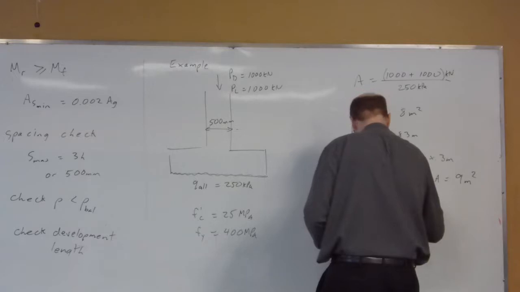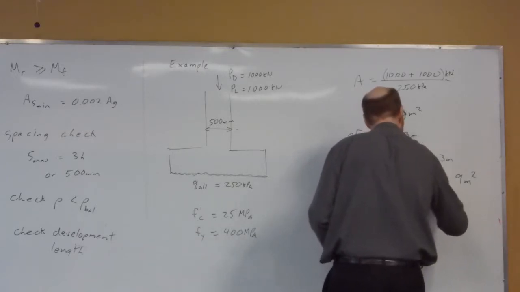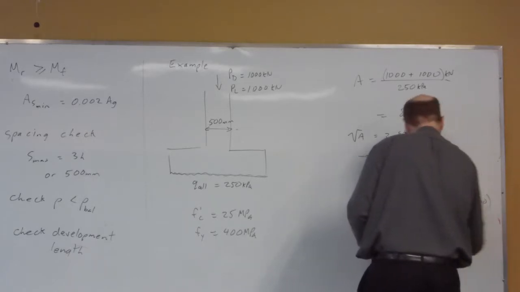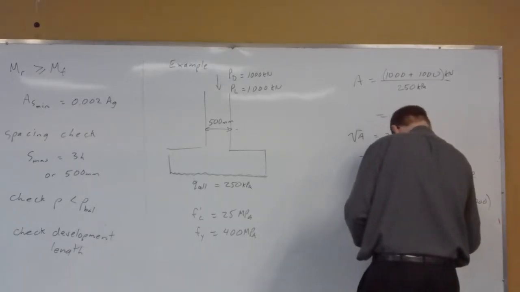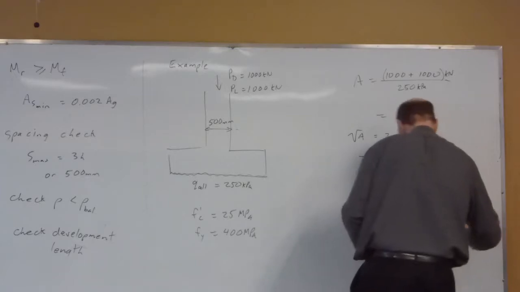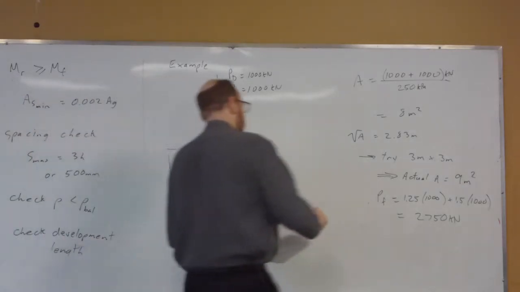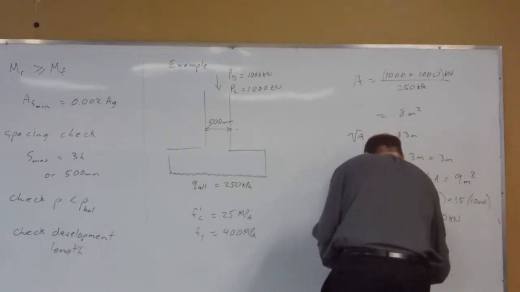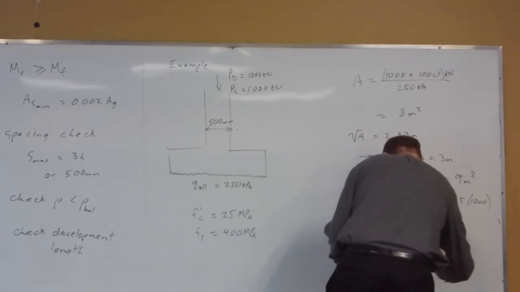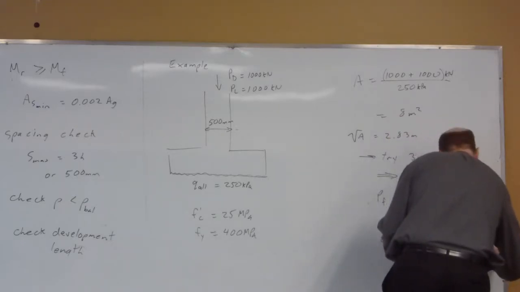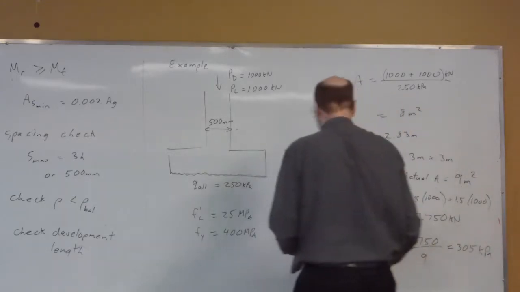Our Pf is 1.25 dead plus 1.5 live, which works out to 2750 kilonewtons. So our qf is 2750 divided by 9, which is 305 kPa.